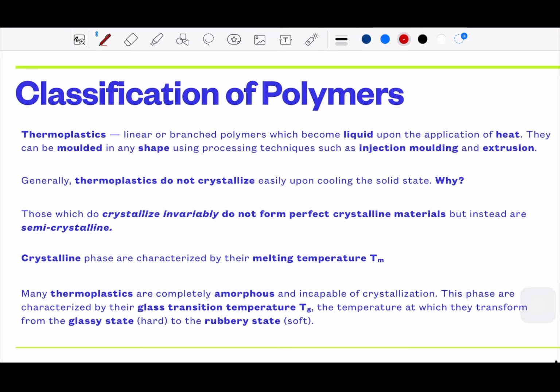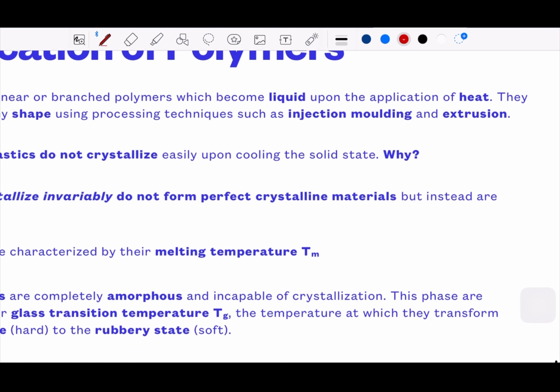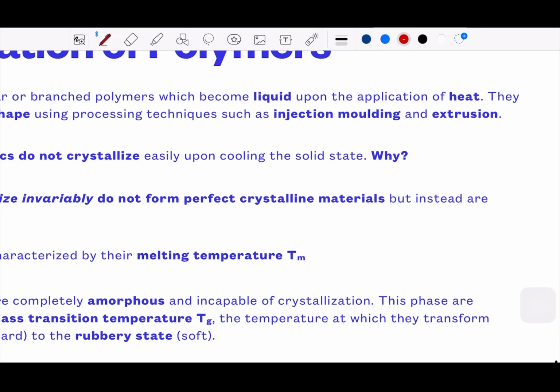One noodle is really long, another one is short, right? So if they crystallize, not every chain will crystallize with the same behavior. Maybe the chain is short and crystallizes faster, but another one takes time, and that's why there will be some crystalline and still some amorphous regions. Okay, got it? So why? Because of noodles. Okay, let me draw here.